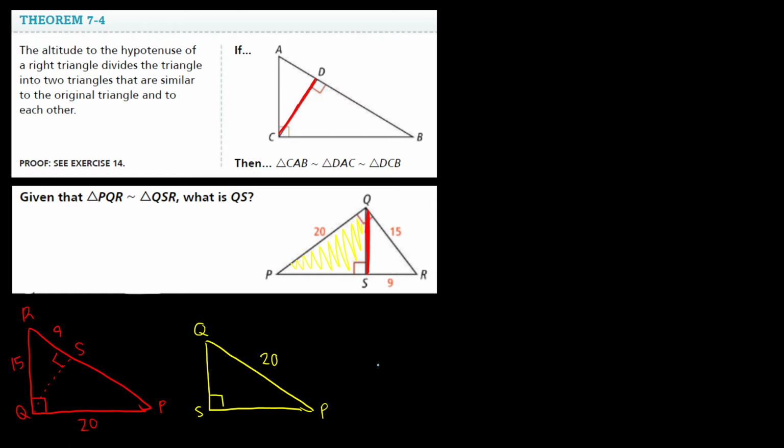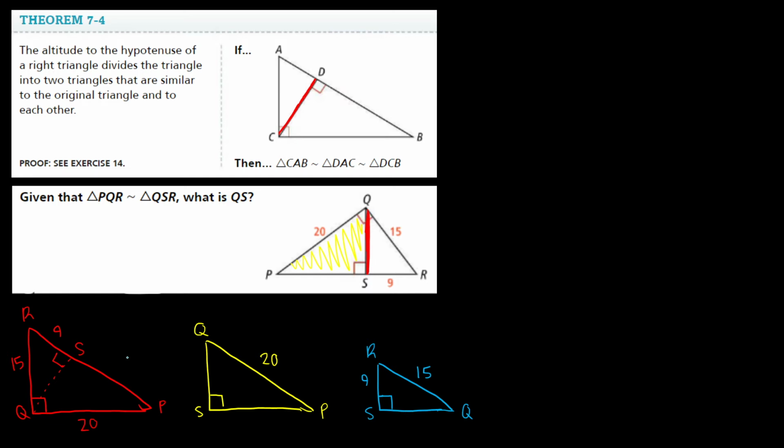And then in the smallest triangle, I know that my right angle is also angle S, and then here's Q and R. So I actually know quite a bit about this triangle. I know that the short leg, RS, is 9 units, and I know that the hypotenuse, QR, is 15 units.